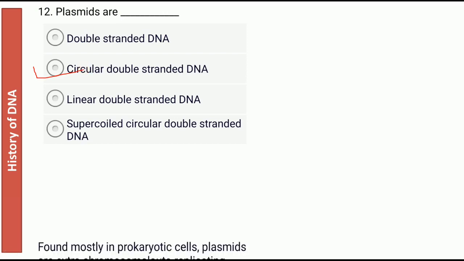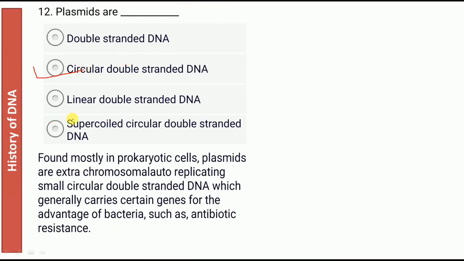It's circular double-stranded DNA, found mostly in prokaryotic cells. Plasmids are extrachromosomal, auto-replicating, small circular, double-stranded DNA which generally carries certain genes for the advantage of bacteria, such as antibiotic resistance. So it is mostly found in prokaryotic cells, number 1.